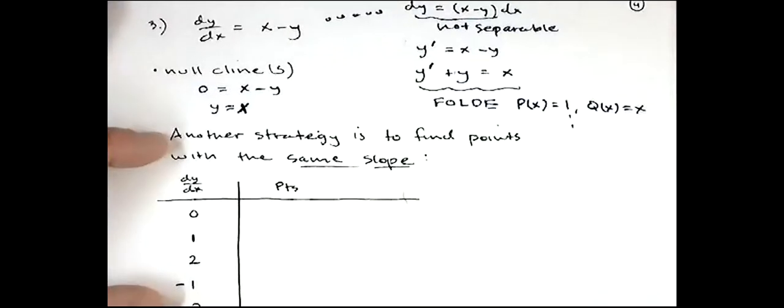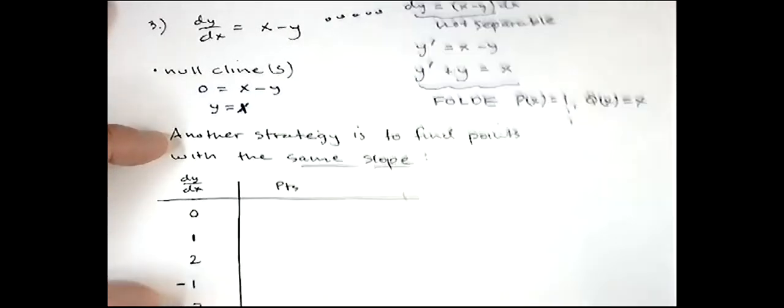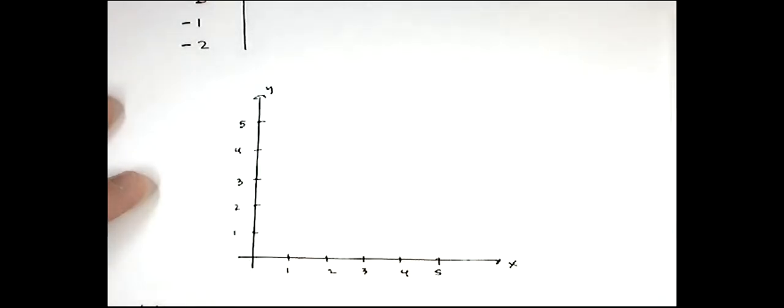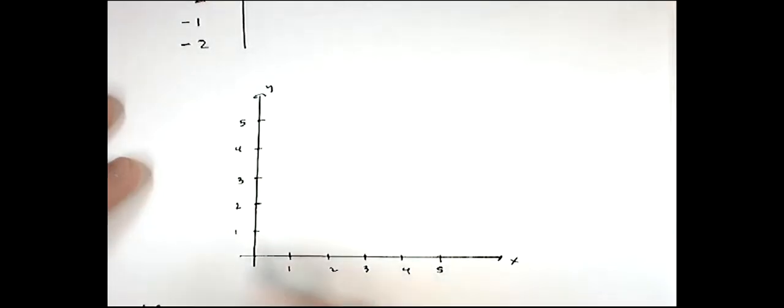Sorry, I know this is going to drive you nuts. Somewhere on your paper, go ahead and start to sketch our direction field here. I just have it going from 0 to 5, and we're only going to do the positive x and y values.